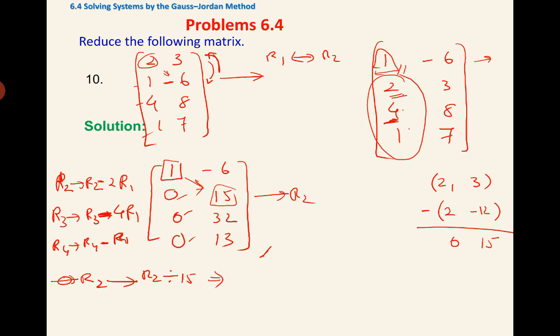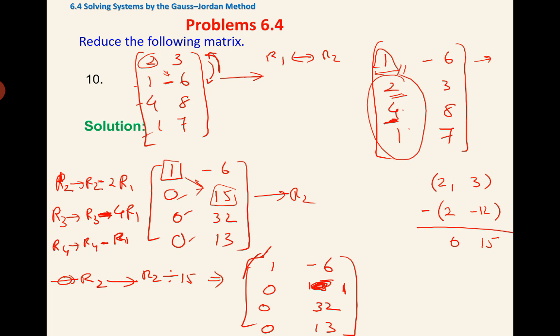What do you get? No change in the first row, 1, negative 6. When you divide the second row by 15, it is 0, 1, 0, 32, 0, 13. The remaining rows will remain unchanged.